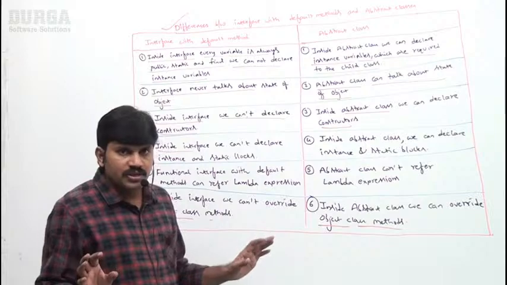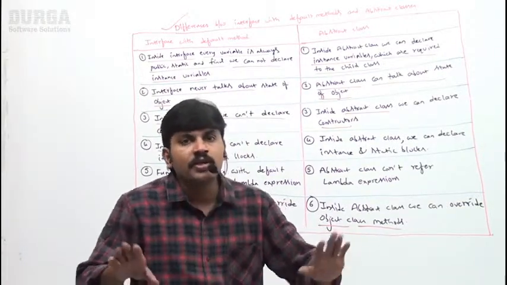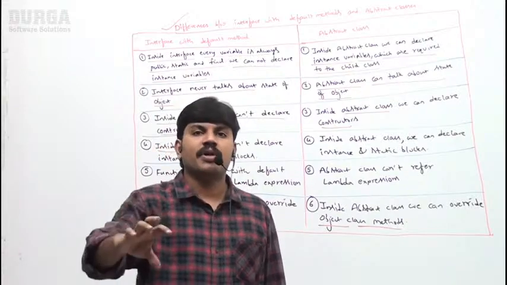That's why, make sure, an interface with default methods and an abstract class can never be equal. Still there are n number of differences.